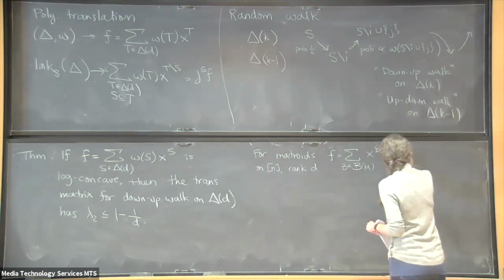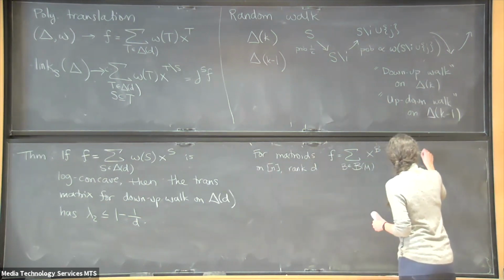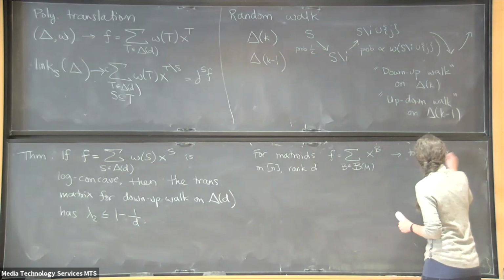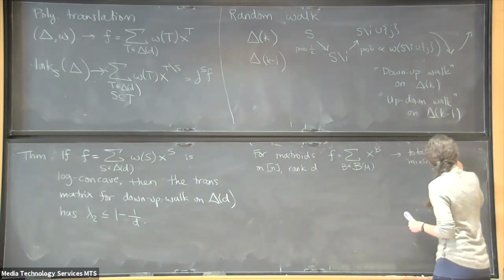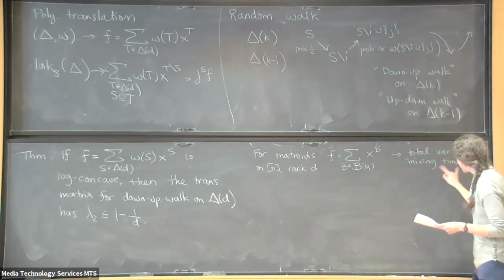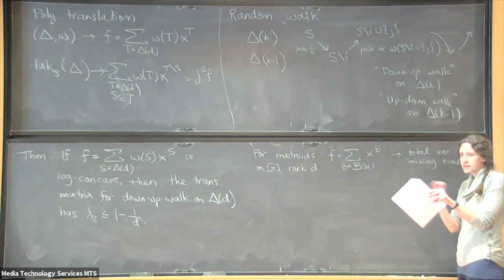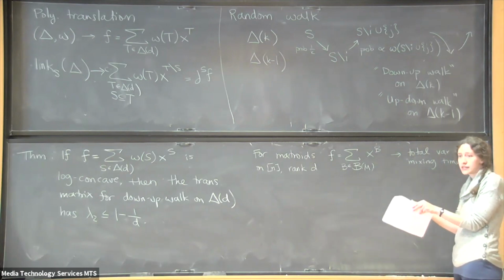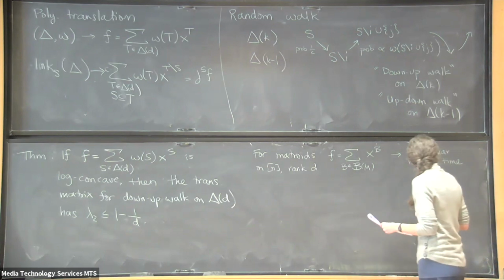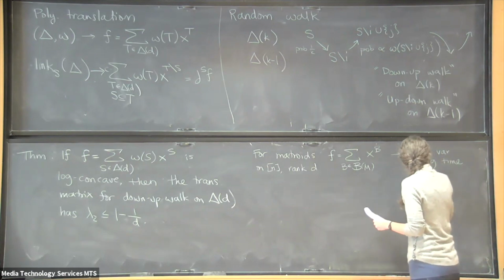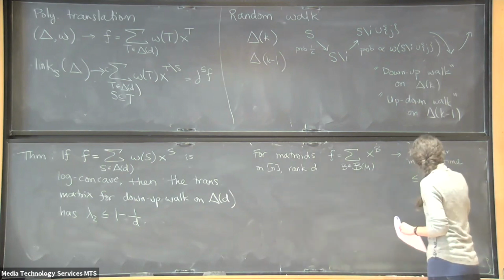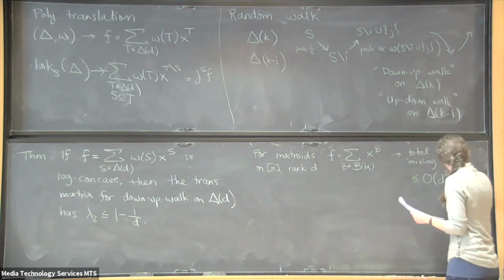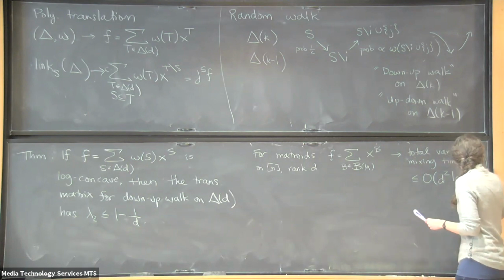Then what this gives is that the total variation mixing time, starting from any state, getting within epsilon of the stationary distribution in one norm, can be bounded on the order of d squared log n perhaps.